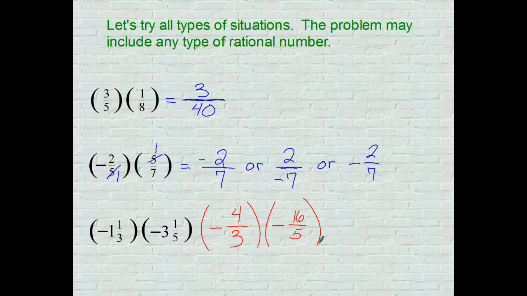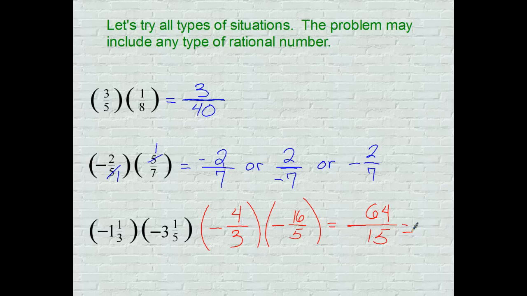Look to cross cancel. Is there anything to cross cancel in our fractions? 3 and 16, no. So it looks like we're going to multiply across. That's 64. 3 times 5 is 15. Think about your negatives. I have two negatives. 2 is an even number of negatives, so my answer must be positive.